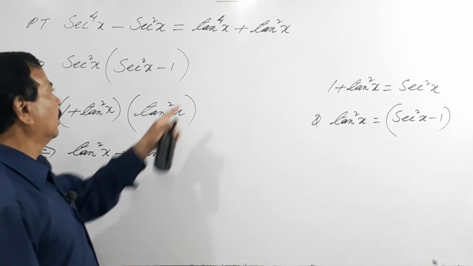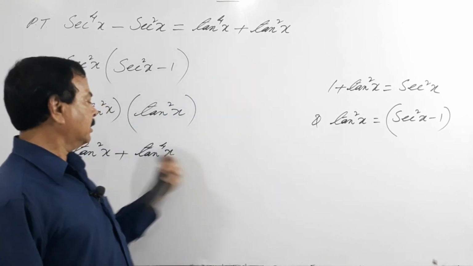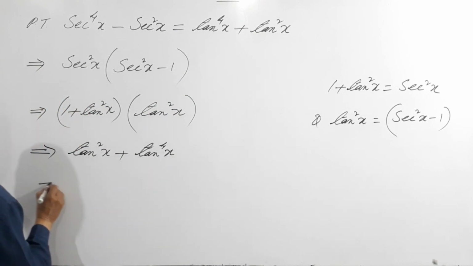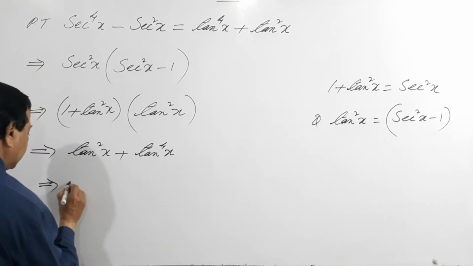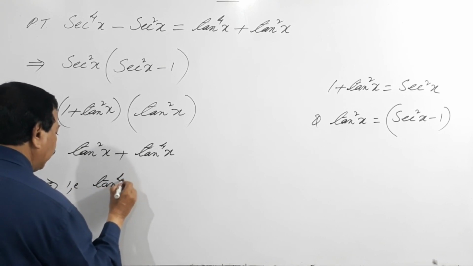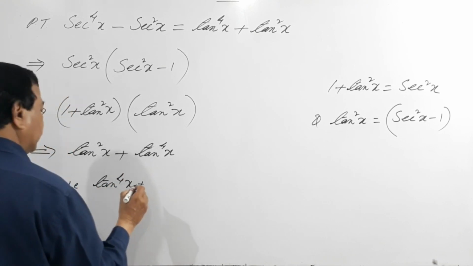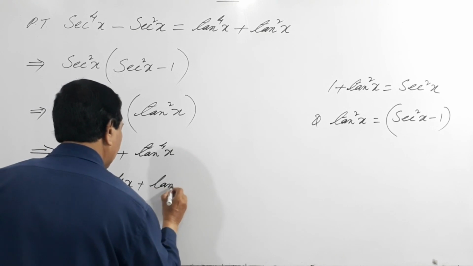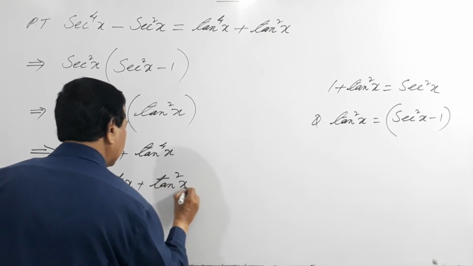Just rearrange it, and we get tan to the power of 4x plus tan square x.